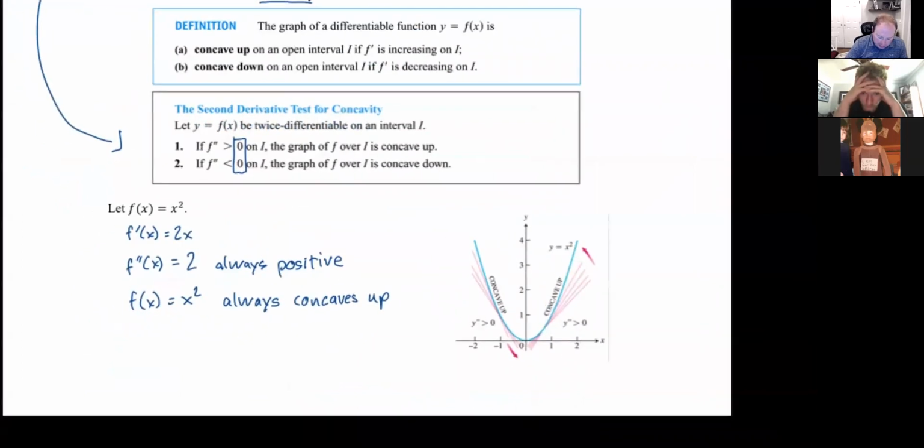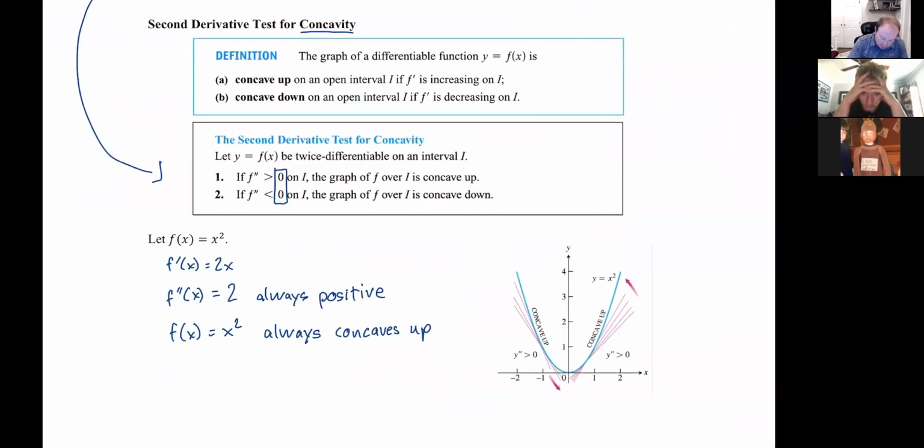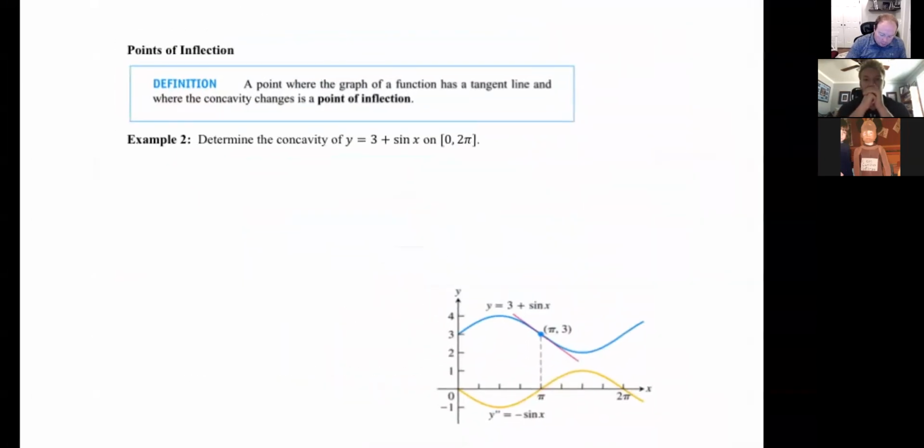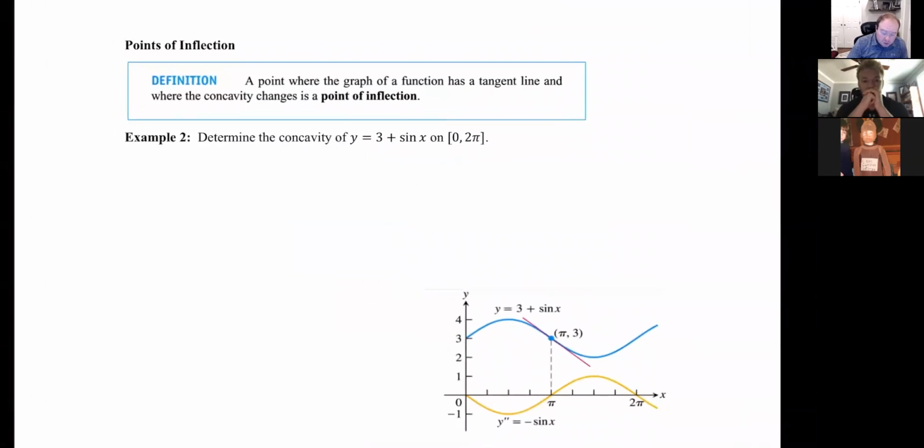So let's give a name to this point that we could find using our second derivative and setting it equal to 0. That name is referred to as a point of inflection.